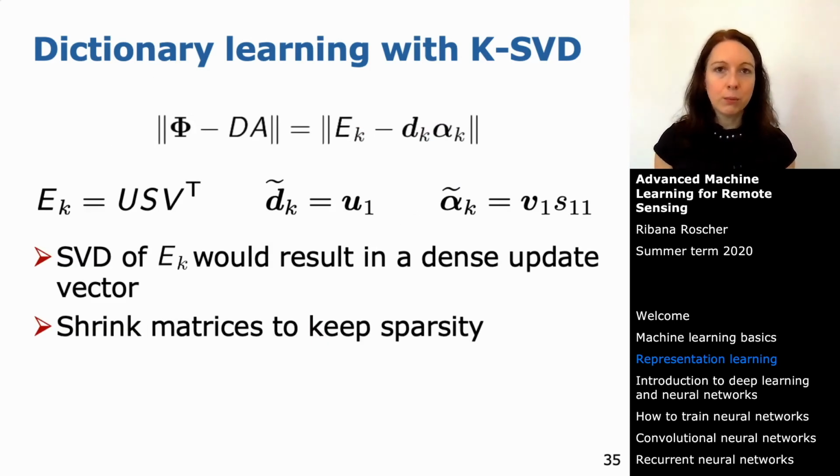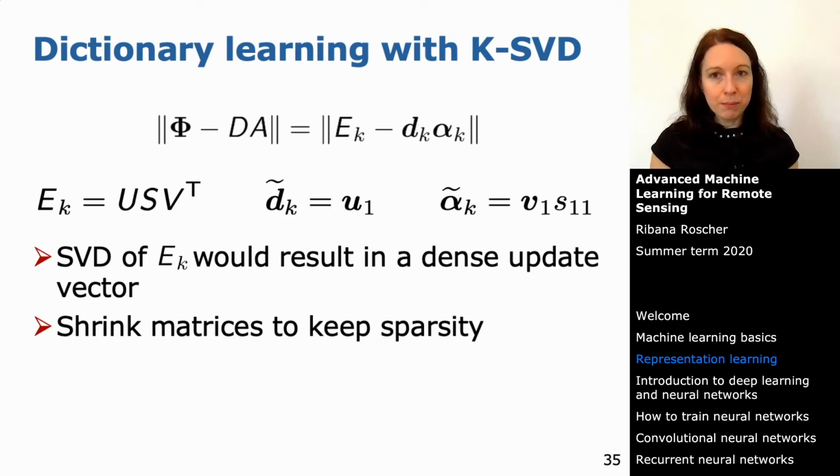So the next step is that you do a singular value decomposition of the error matrix, because you exactly want to know the direction and the length of the spread of your data, because the data at the moment is exactly the reconstruction error. So you want to reconstruct the part of your data which was not reconstructed enough yet.